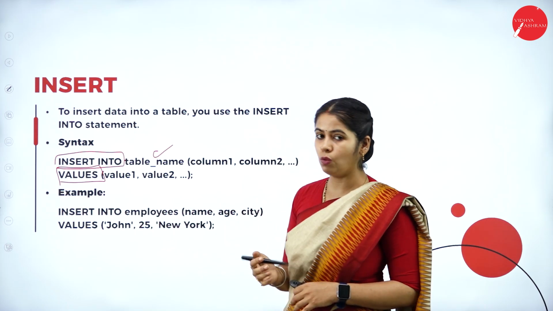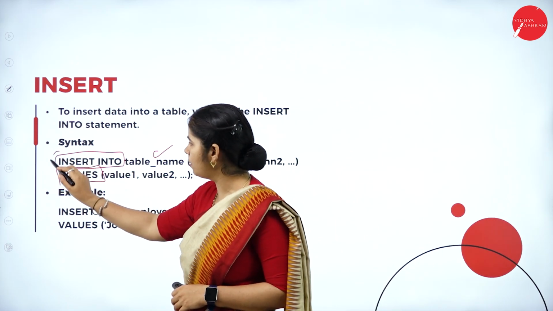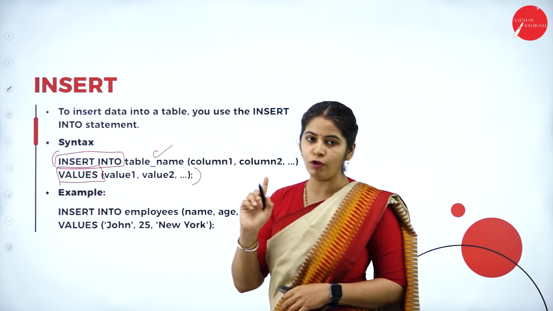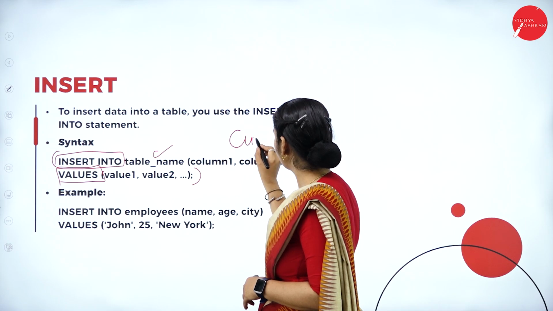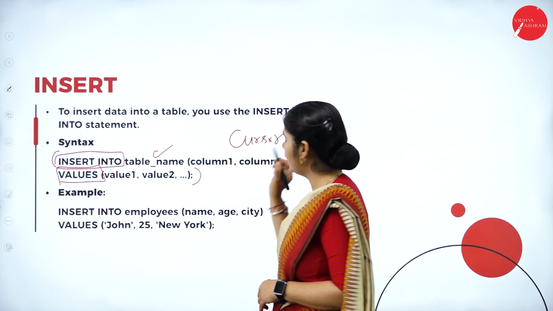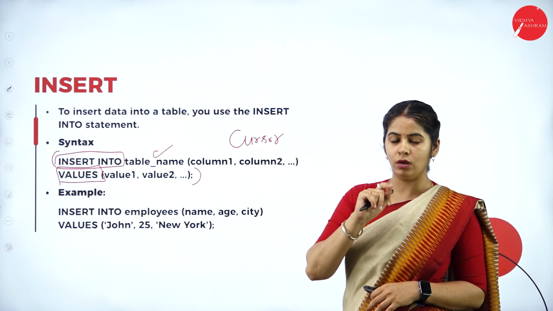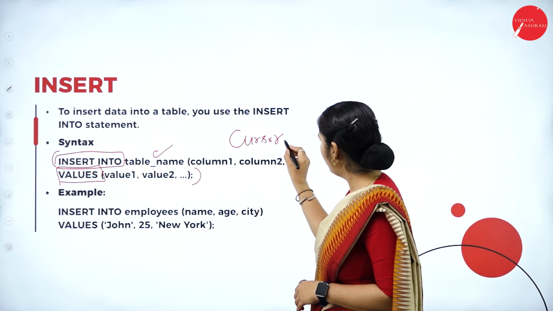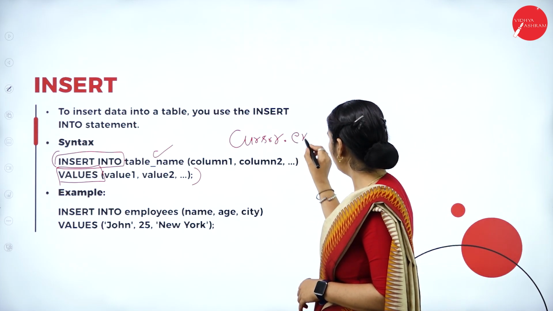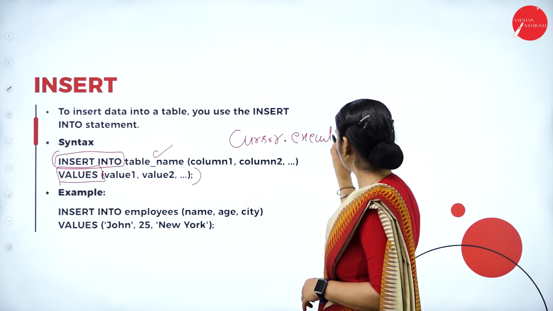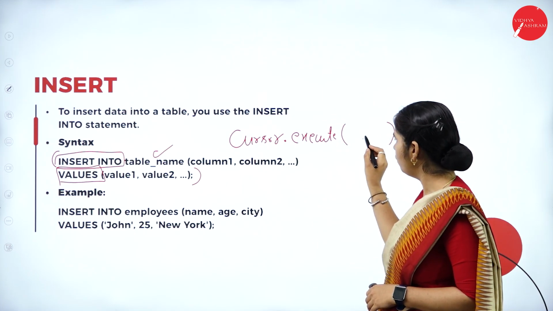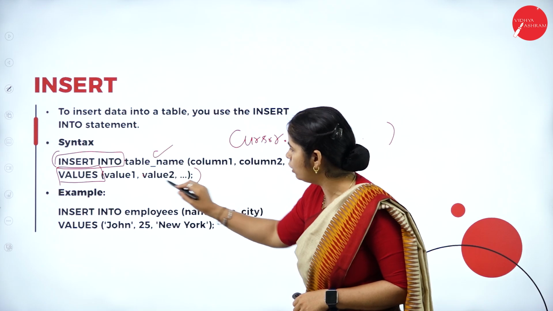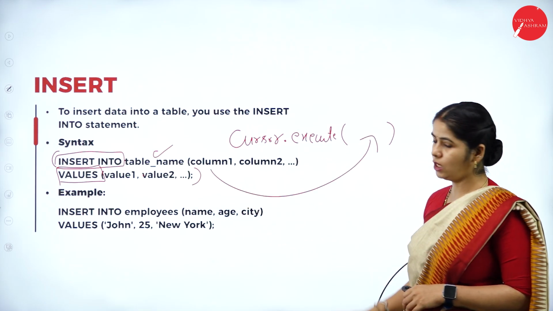But the only difference is that before this statement, we have to use the cursor, which we have created as an object. Cursor dot execute. Within this execute function, we pass these statements as a parameter.